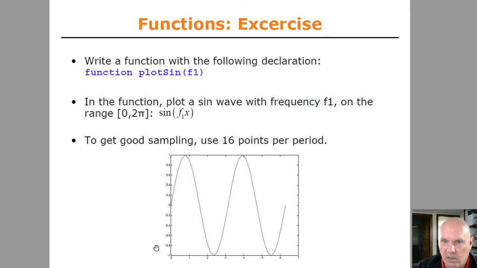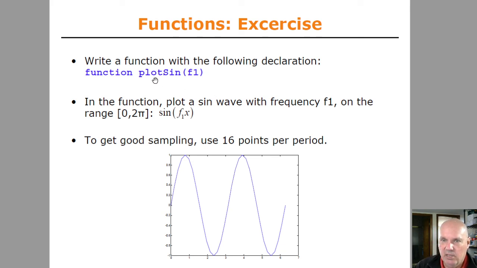Okay, so here's a little exercise to plot this: create a little function called plotsine. Again, the name of the corresponding file would be plotsine.m. In this particular case, there is no return argument. This function isn't going to return a value, it's just going to create a plot.